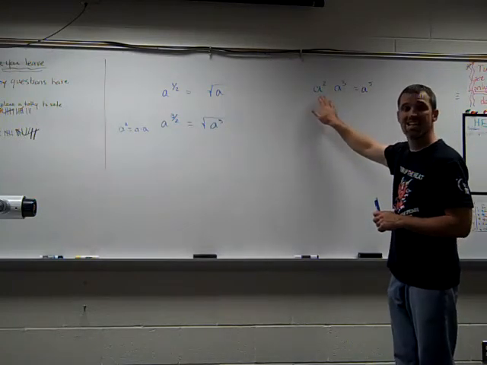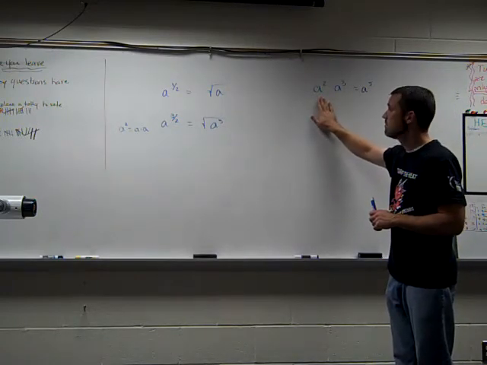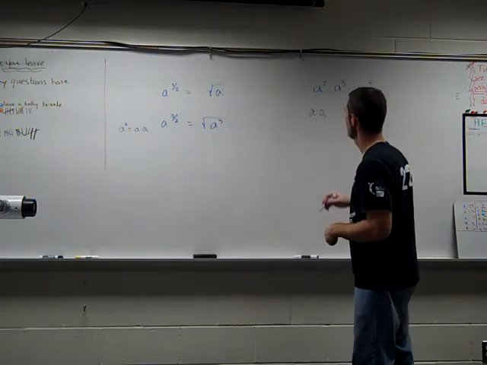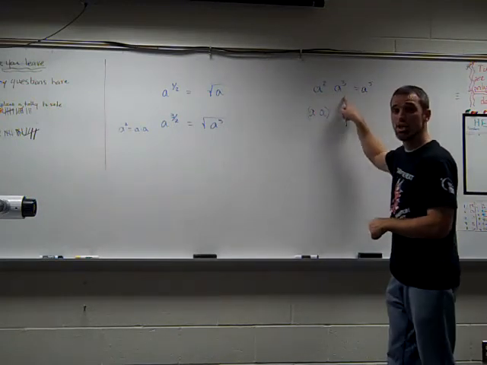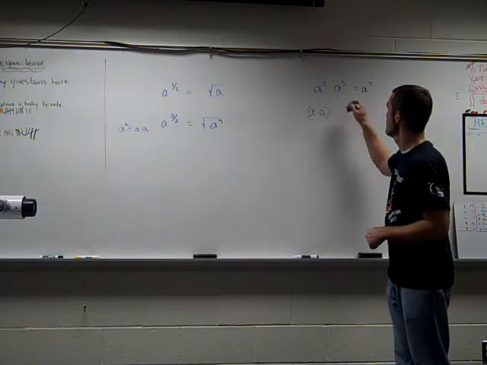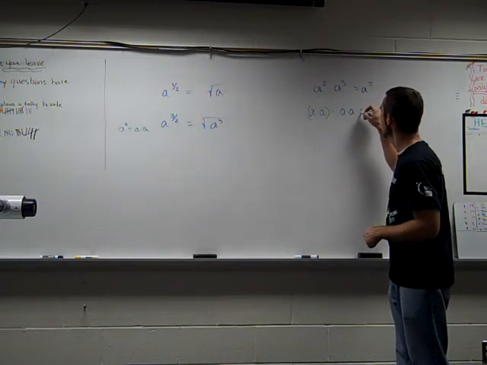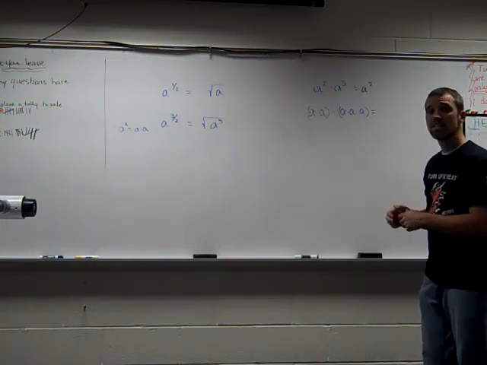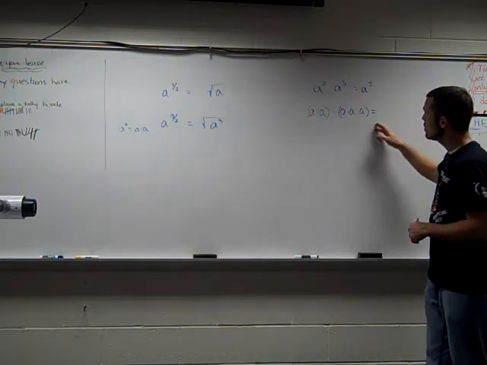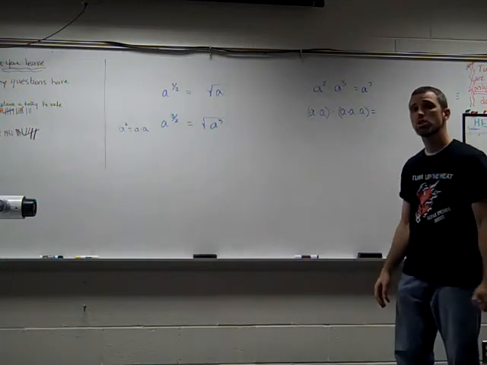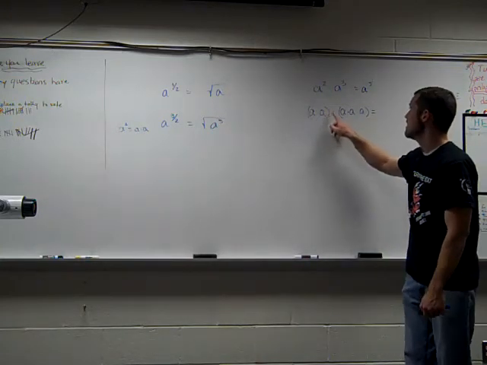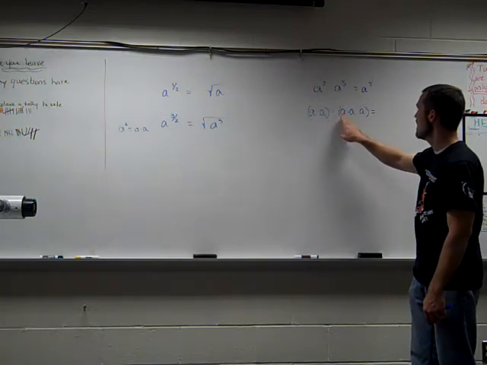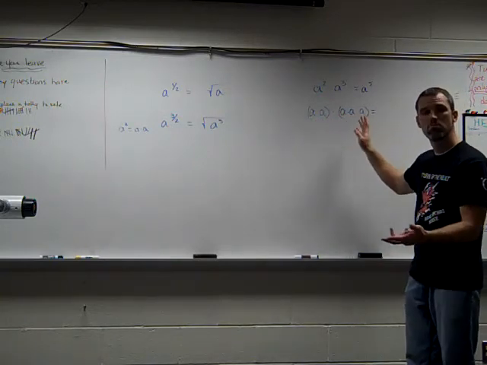If we look at this, a squared means a times a, and a cubed means a times a times a. Now, if I look at this, I realize I have a big long string of a's, and they're all essentially just multiplied: a times a times a times a times a times a times a times a.